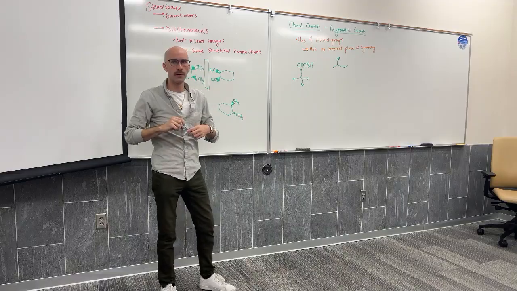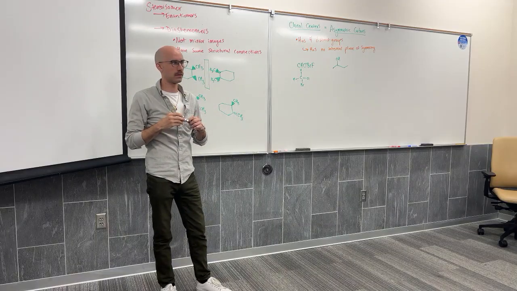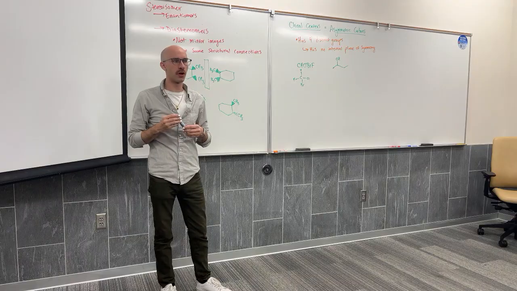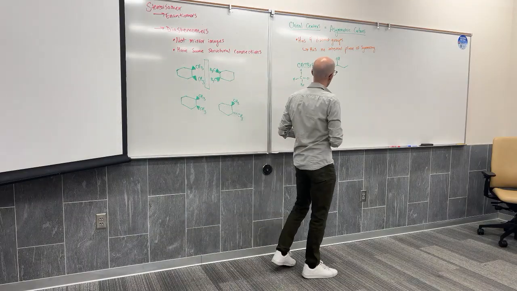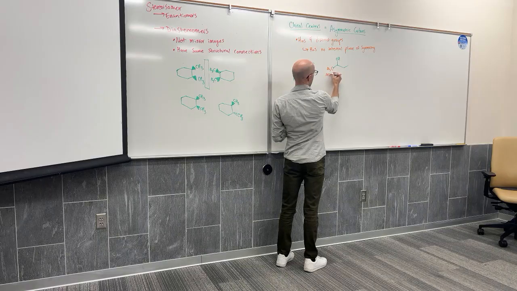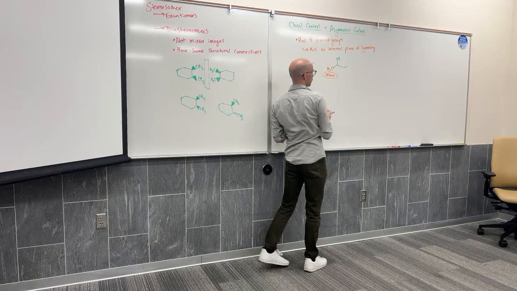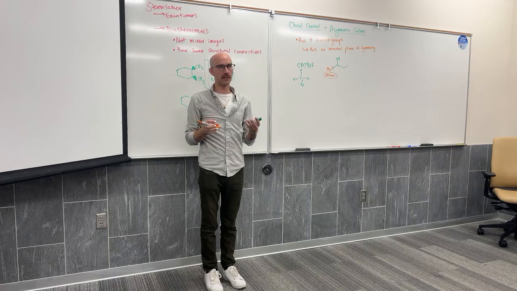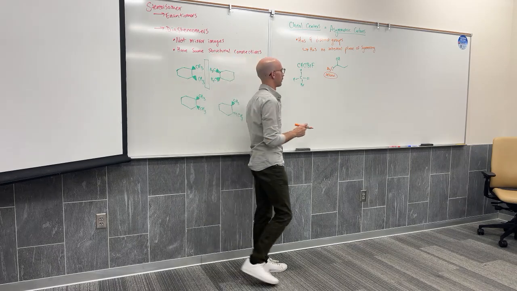Let's look at a bigger molecule. This is 2-butanol. How many chiral centers does 2-butanol have? This CH3 group is achiral. It is not bonded to 4 distinct groups. It has 3 hydrogens that it's bonded to.